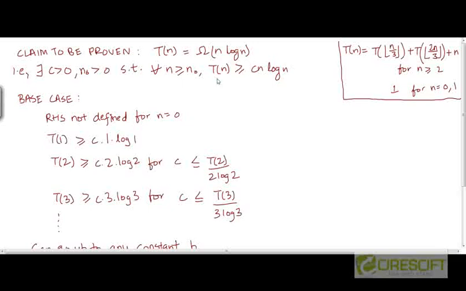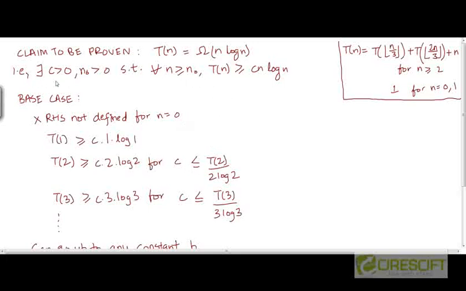So this inequality therefore doesn't hold at n equal to 0. So our base case for n equal to 0 fails. So n equal to 0 is not really a base case, because this inequality doesn't apply at n equal to 0.